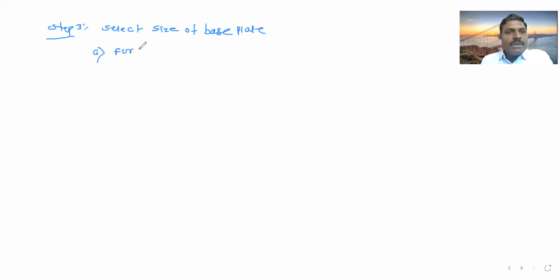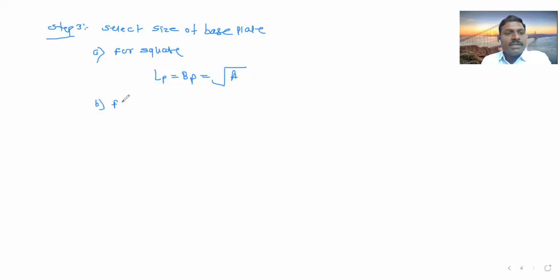If we have to take a square plate, then LP is equal to BP. So length of plate is equal to width of plate, which is directly the area. The area we have calculated in step number 2. So if we put the area under root, then we will get the square plate. So LP is equal to BP.